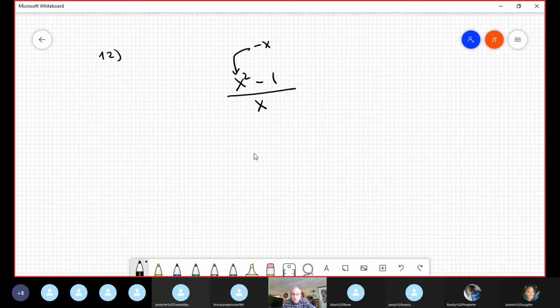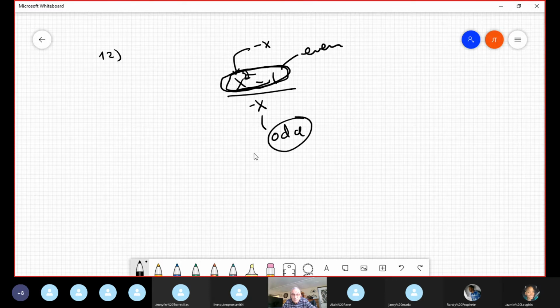That part only, the top part, is even. However, when you bring in negative here, it's negative because this part is odd. And even and odd together is odd. If it's even and even, it's even. But if it's an even and odd combination, it doesn't matter if it's the top or the bottom. Do you understand very well or no?